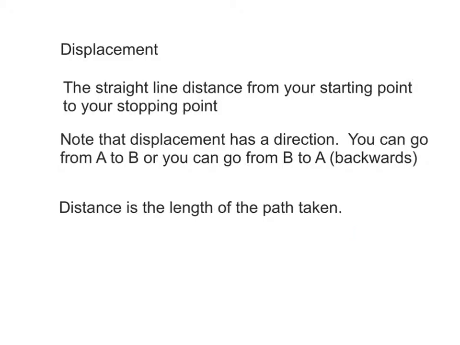So we can note also when we're talking about displacement that displacement has a direction. In other words, you can go from the starting point A to the final point B, and then you can go backwards. You could go from B to A, and in those situations, you're going in opposite directions. So where you start and where you stop, they determine your direction, and that's important for displacement.